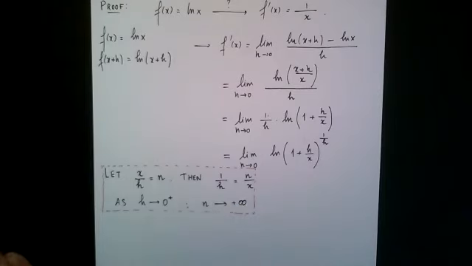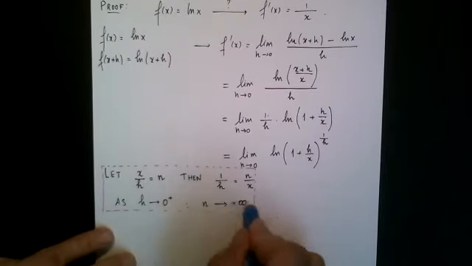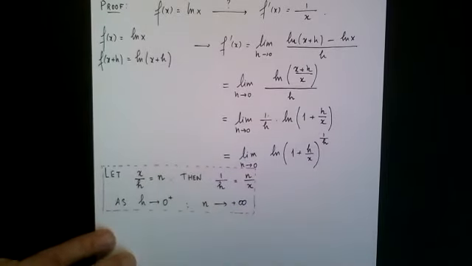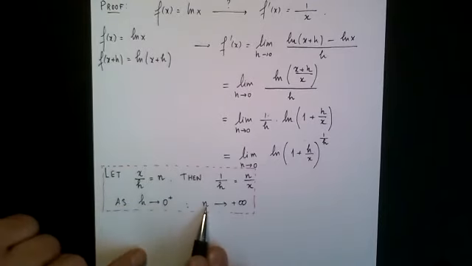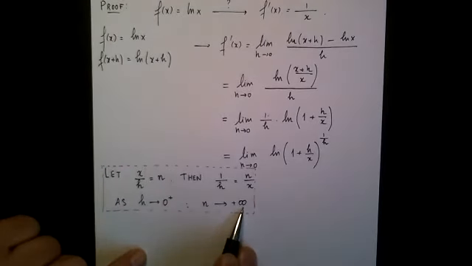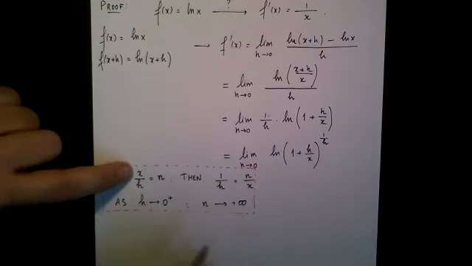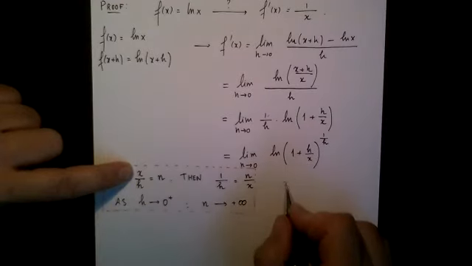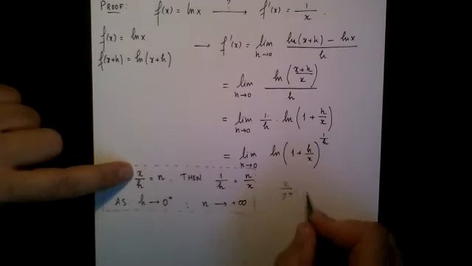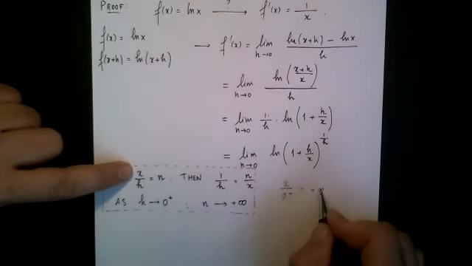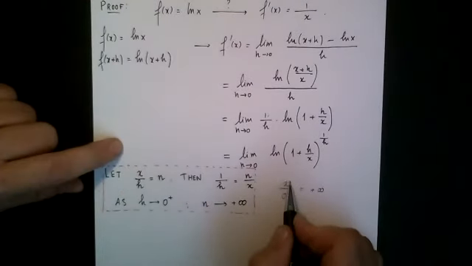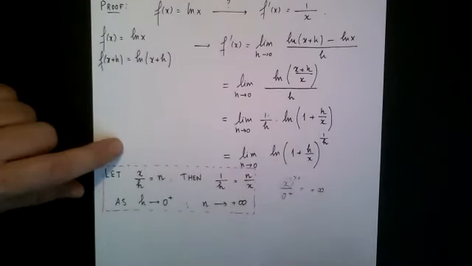You definitely can't accept everything I tell you. So I'm telling you that when h approaches 0 plus, n approaches infinity. Why? Because if I have x divided by 0 plus, you're dividing by 0 plus, so you're getting plus infinity. But that works if x is positive. If x is negative, then I'm going to have negative over positive, so I'm going to have minus infinity.